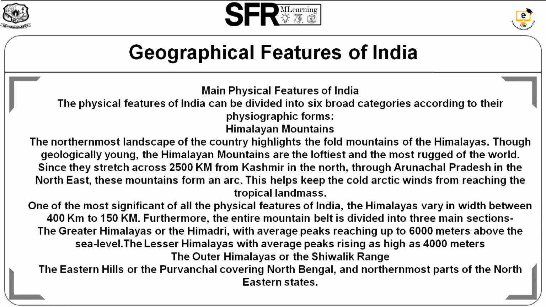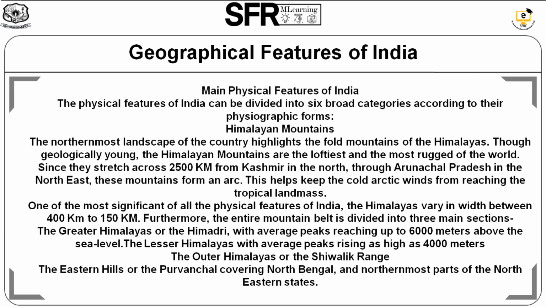The Greater Himalayas is also known as Himadri, with average peaks reaching up to 6000 meters above sea level. Next, the Lesser Himalayas, with average peaks rising as high as 4,000 meters. And the third one is the Outer Himalayas, also known as the Shivalik range.